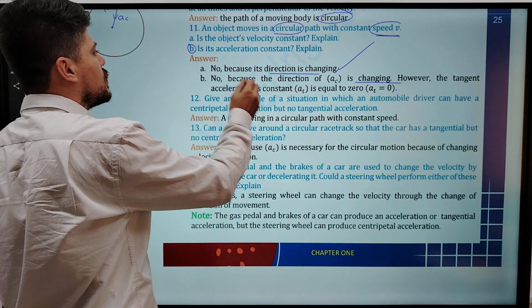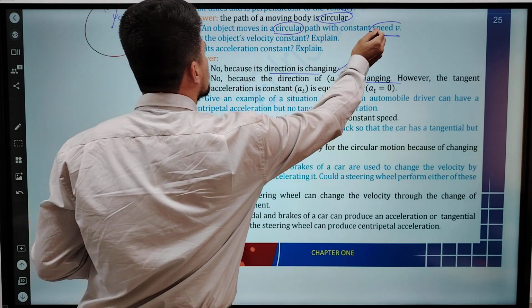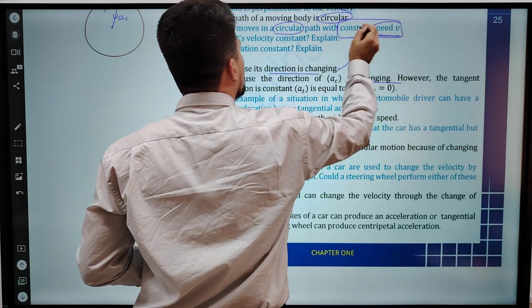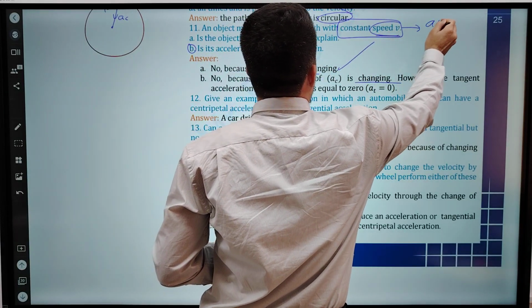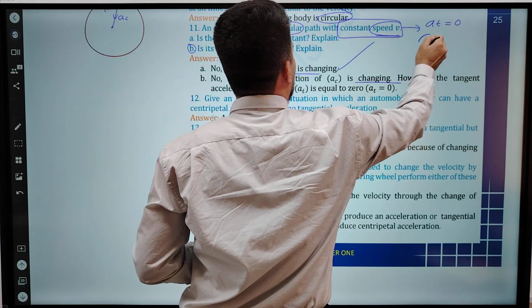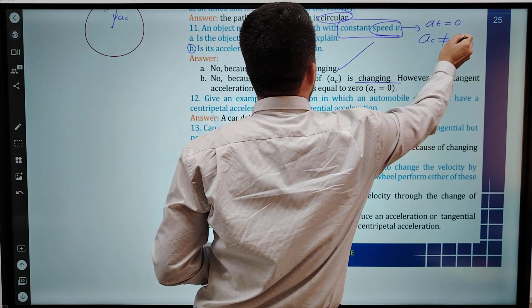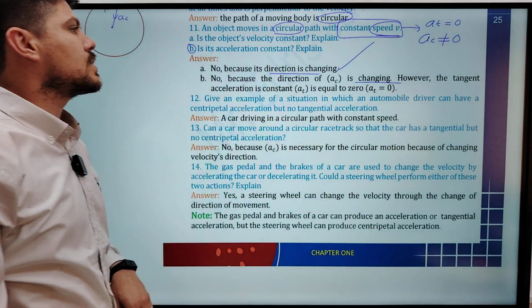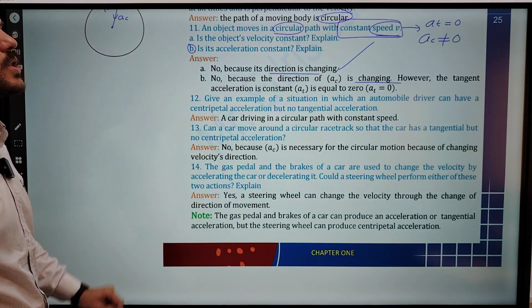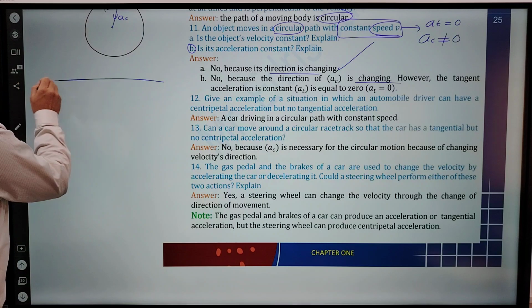The tangential acceleration is constant and equal to 0. Why? Because it is constant speed. When you see constant speed, a_t is 0 for a circular path, but a_c is not equal to 0 because the direction of the centripetal acceleration changes. Okay? How?